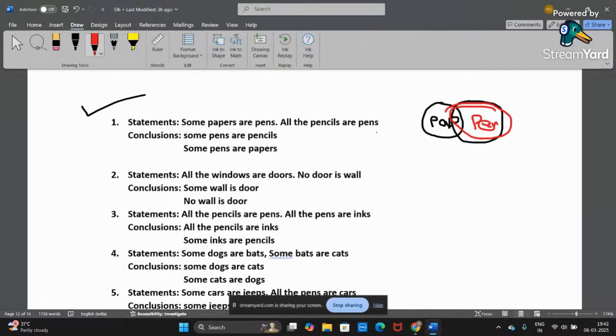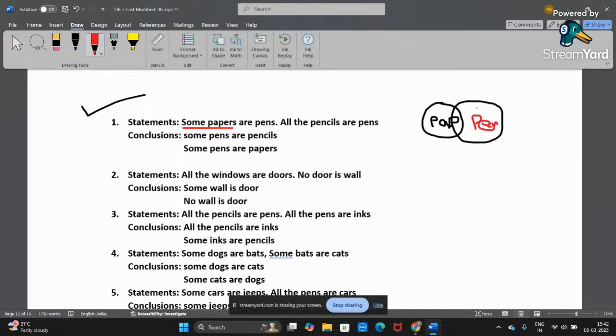So all pencils are pen. See, first statement, some papers are pen. So first we're writing some papers. In that we're taking a part and making that as pen. Okay. All pencils are pen.